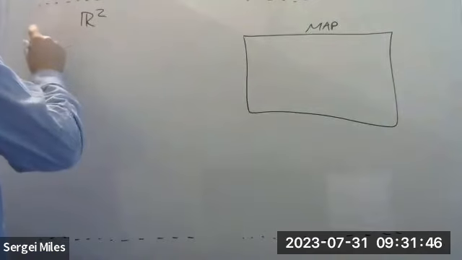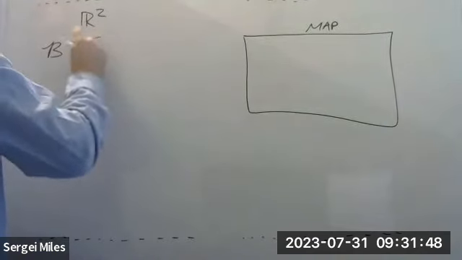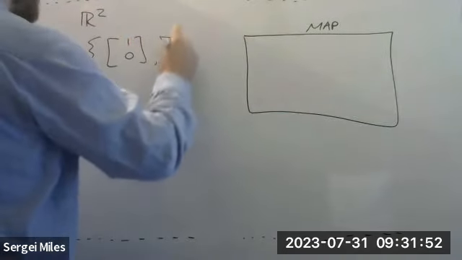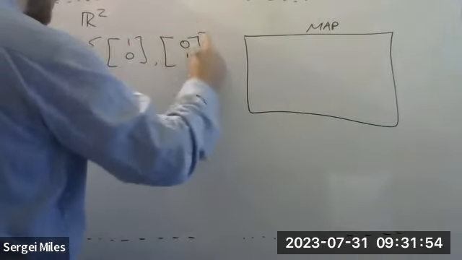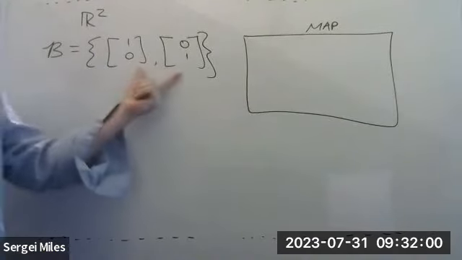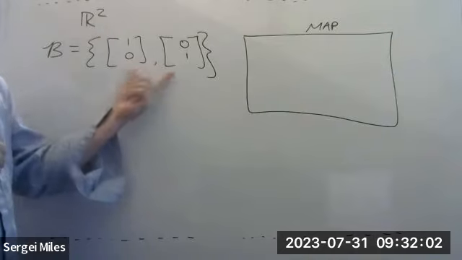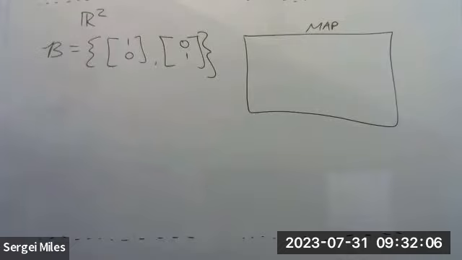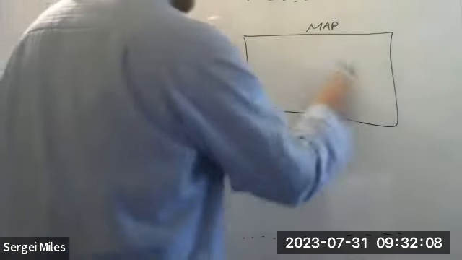So in R2, we know that we can have a basis of (1, 0) and (0, 1), right? The x-axis and y-axis. This allows you to take any linear combination of these two vectors, allows you to travel anywhere in R2. Or likewise, you could travel anywhere on this map.